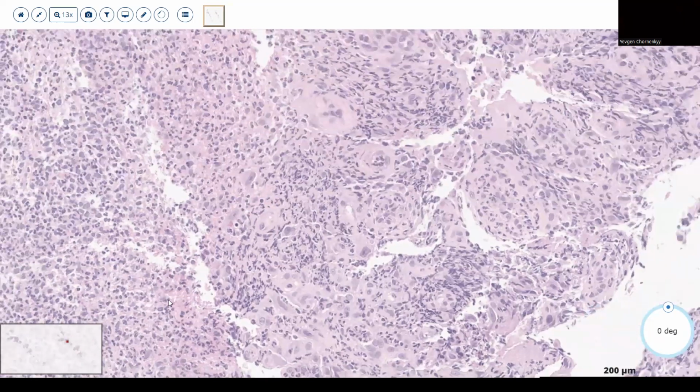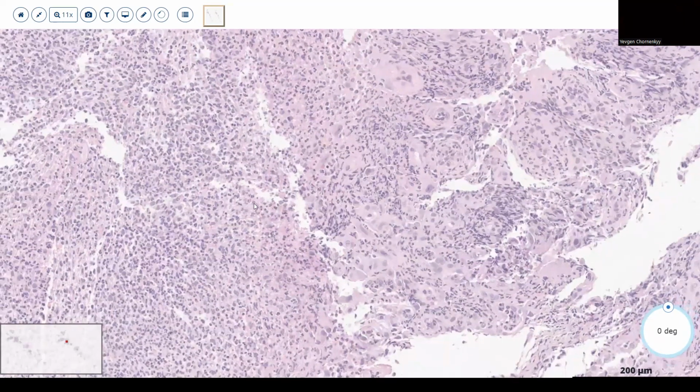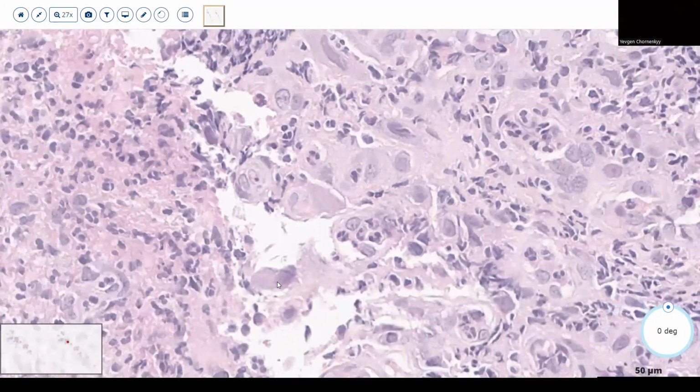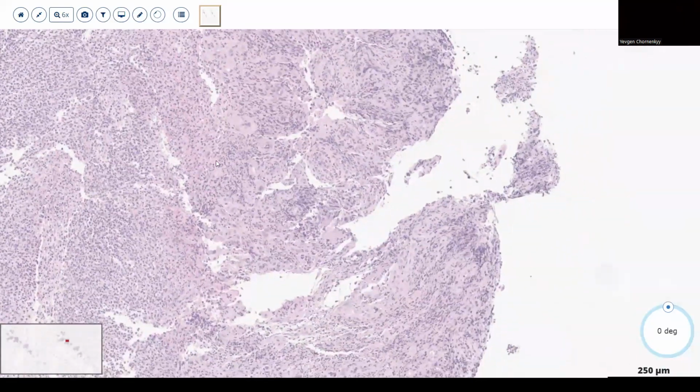On the boards, they didn't really test that because it's so hard to tell where the biopsy's from sometimes, but there's a way to differentiate based on that. So when you see those cells, you should be thinking viral, hopefully.